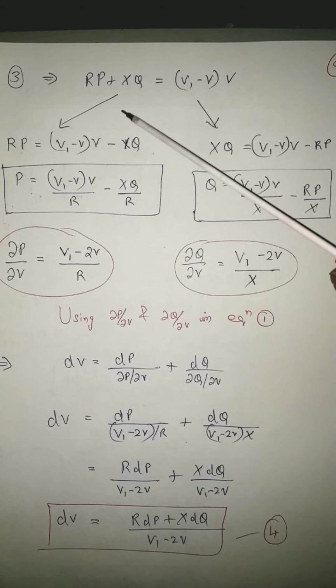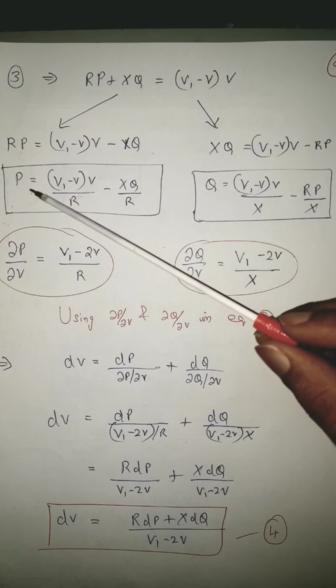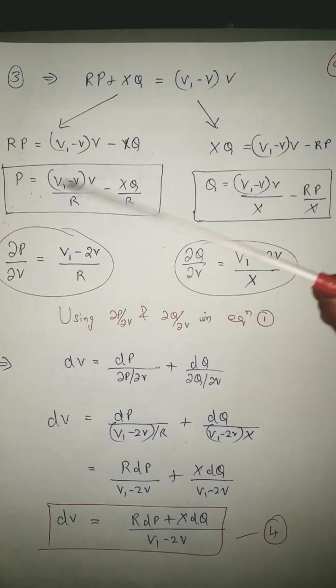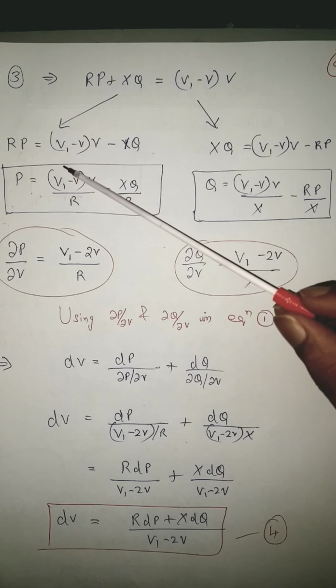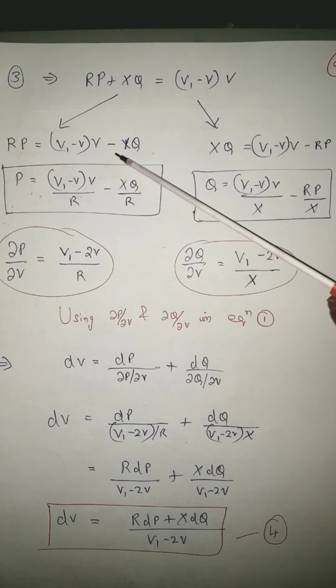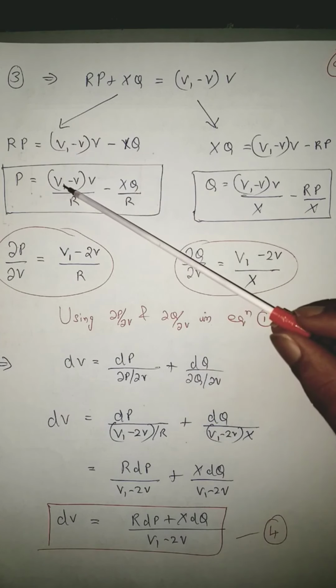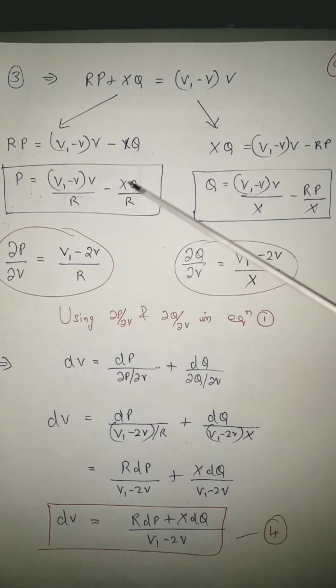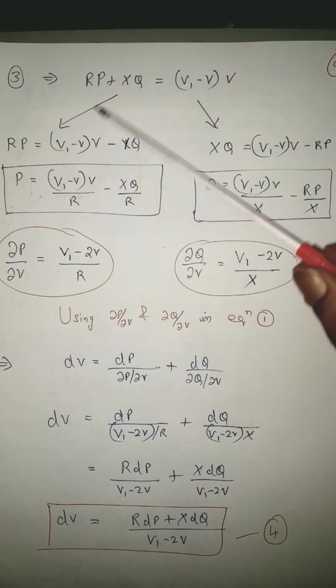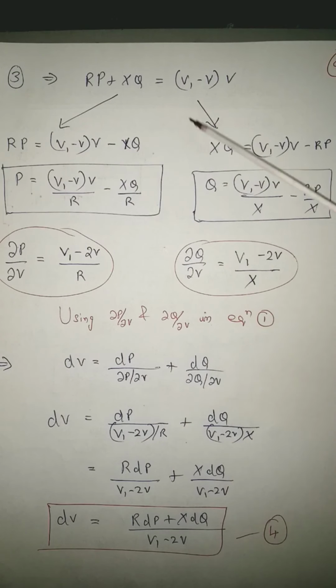Now let us try to get an expression for P from this. So RP is given by (V1 minus V) into V minus XQ. So P is given by (V1 minus V) into V by R minus XQ by R. Similarly, from the same expression, we try to get the expression for Q. So XQ is given by (V1 minus V) into V minus RP.